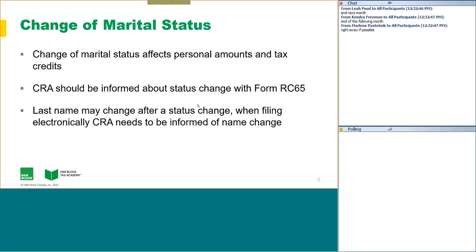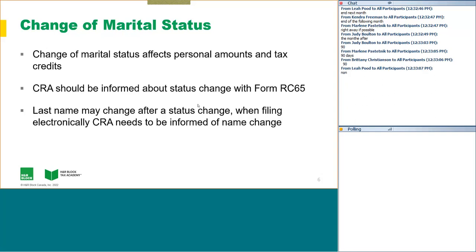Right away after it happened, but by the end of the following month. If you separate, how many days do you have to be separated before you qualify as being separated? How many days do you have to wait for the separation to count? Has to be 90 days.